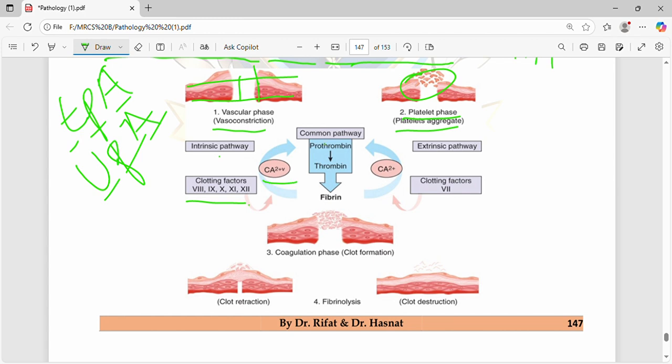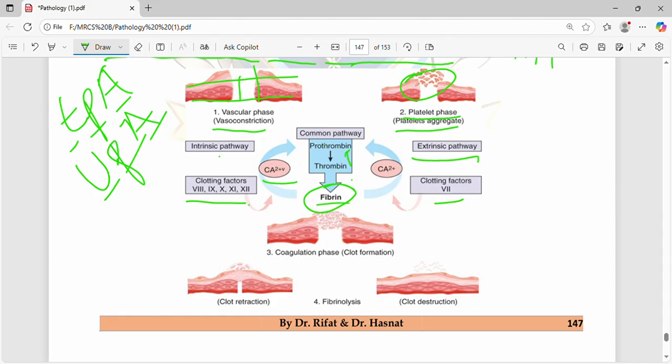Calcium, common pathway; the extrinsic pathway will be activated, clotting factor 7. All these work together to convert prothrombin into thrombin, and thrombin converts fibrinogen into fibrin.